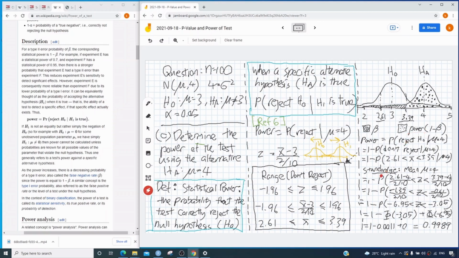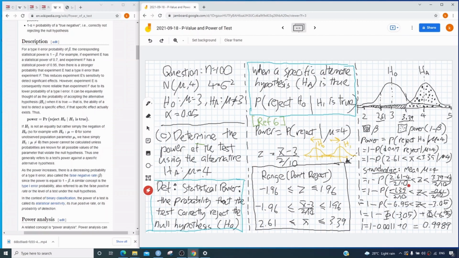Okay, and to get the final answer, we will standardize the values. We plug in the numbers: 2.61 minus mu 4, divided by sigma over the square root of n, which is the square root of 100, that makes it 10.